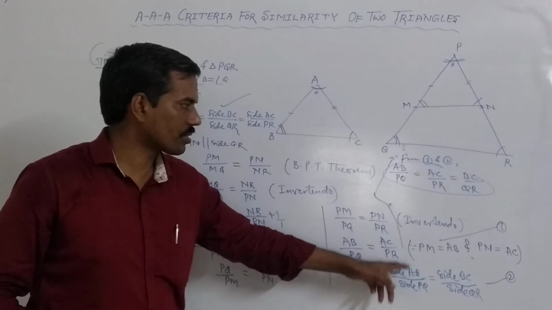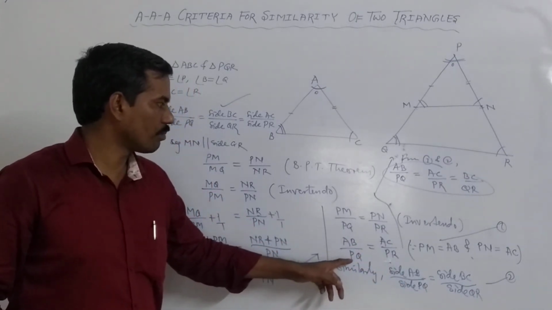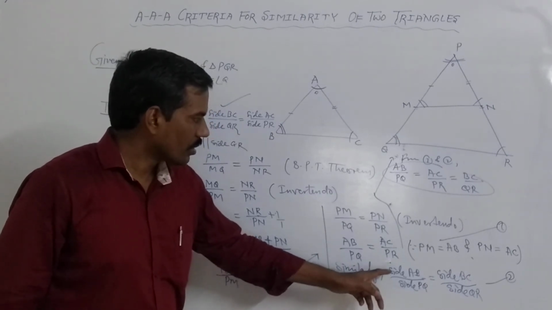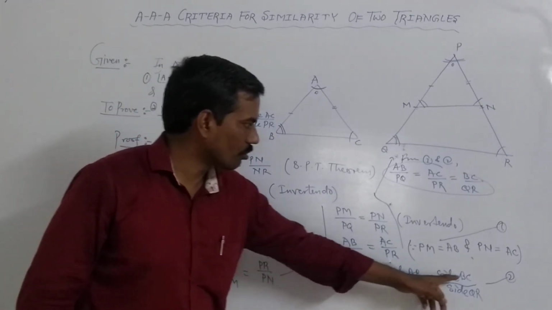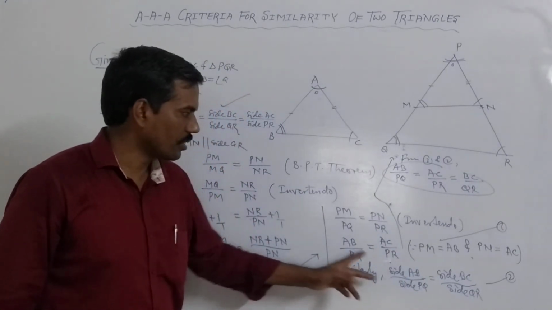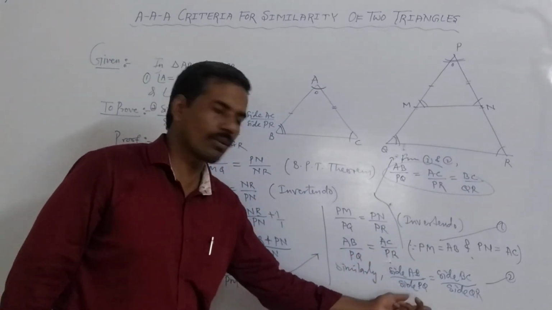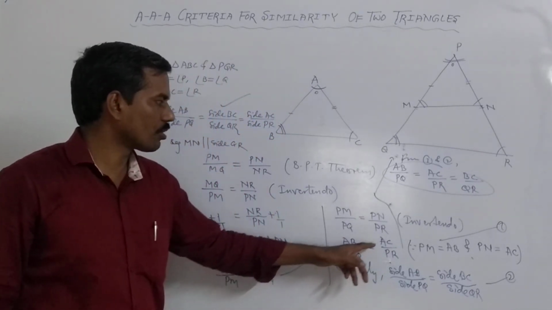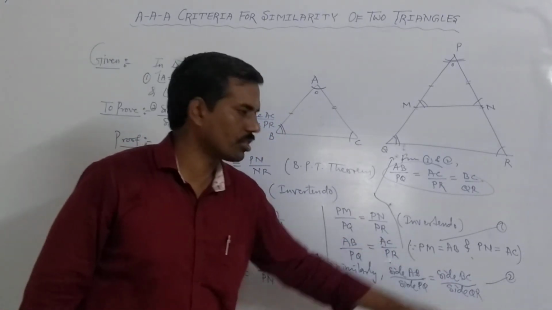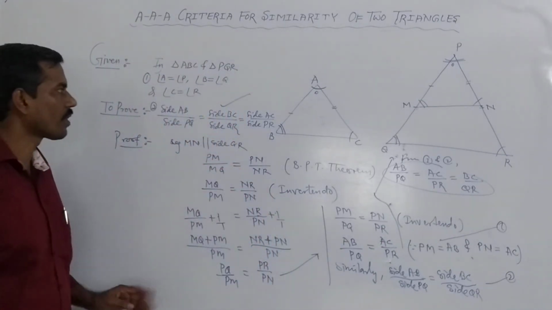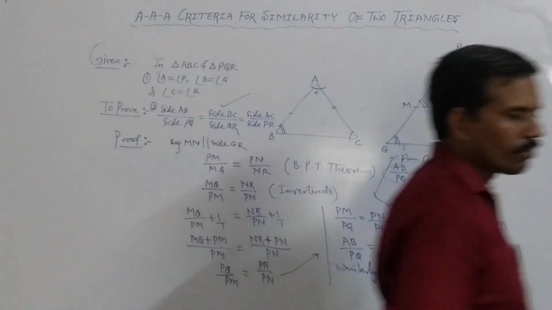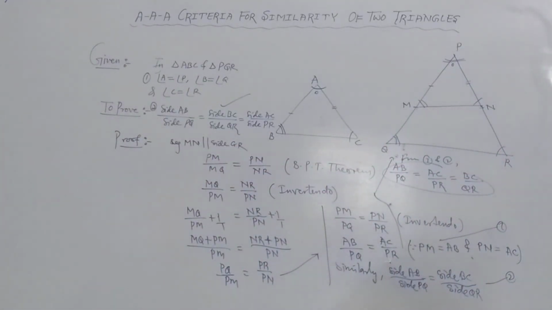Comparing first and second, since AB upon PQ is equal to AC upon PR, and AB upon PQ is equal to BC upon QR, in these two the left hand sides are equal, so the right hand sides are also equal. So AB upon PQ is equal to AC upon PR is equal to BC upon QR. In this way we have our result. Students, please take a note, and if you have any doubt you can ask me.